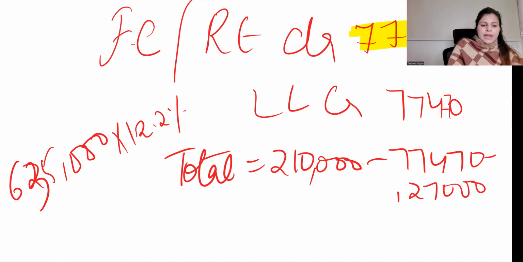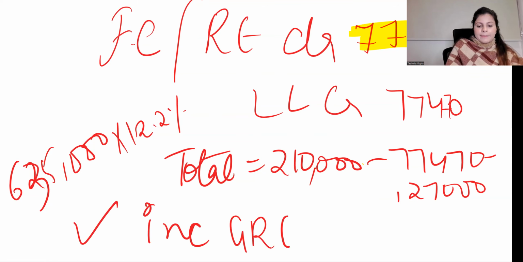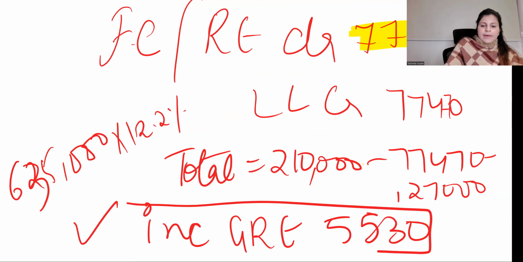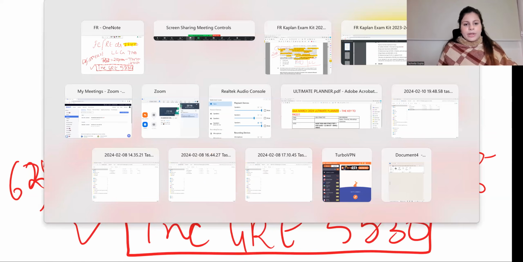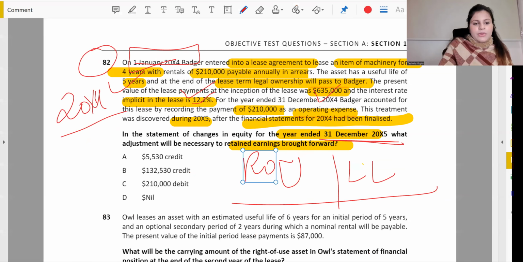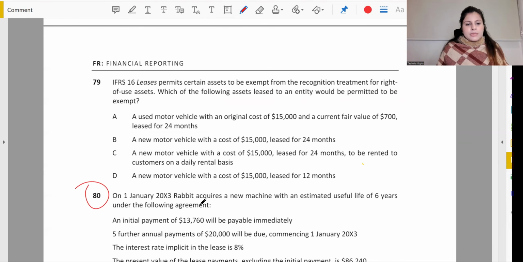Very good. So my net adjustment is to increase my GRE by 5,530. That will happen in the statement of changes in equity. So option A, credit the GRE by 5,530. That's it. Let's move on.